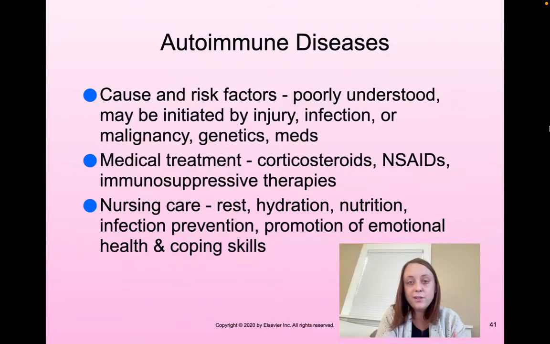And unfortunately, different causes of these autoimmune diseases are really poorly understood. Sometimes it seems that it may be initiated by injury or infection or malignancy. There does seem to be some genetic risk as part of it. Certain populations are at a higher risk for autoimmune diseases than others. Certain medications might lead to development of autoimmune diseases as well.